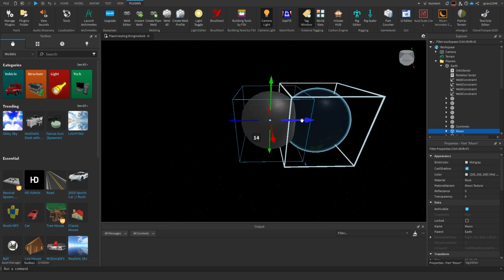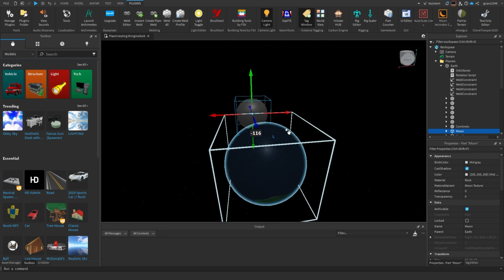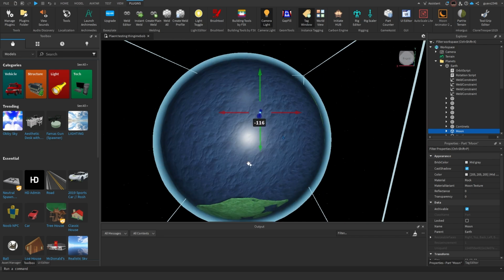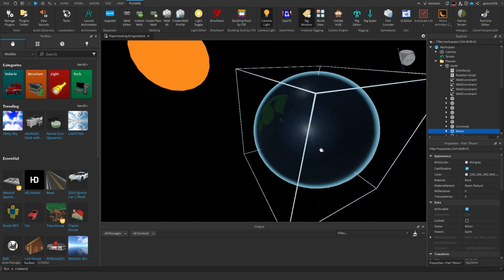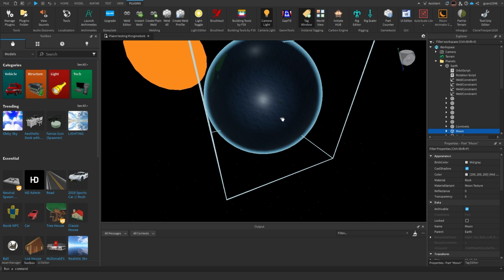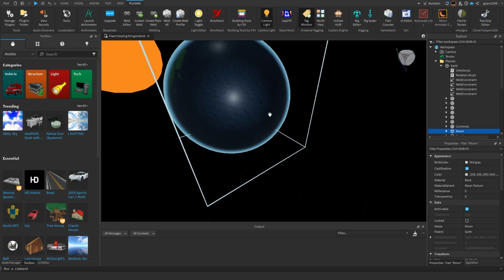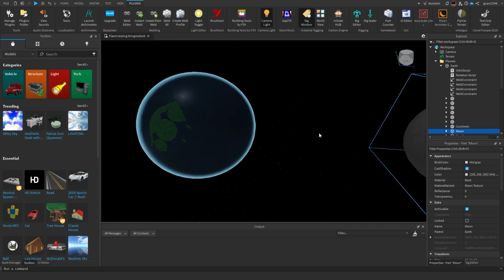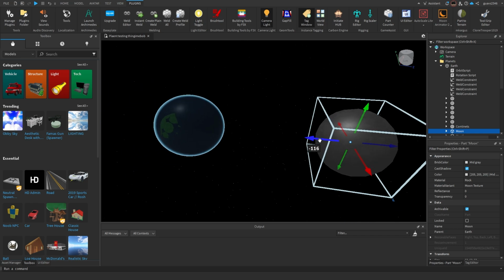Let me fix it. Okay, so when the moon is right behind Earth, the lights go in, but they curve around the Earth because of atmospheric refraction, and they go towards the moon, and then the moonlight bounces off.